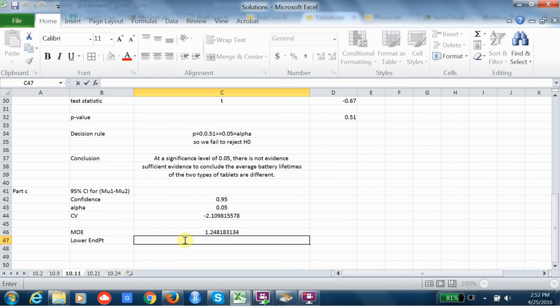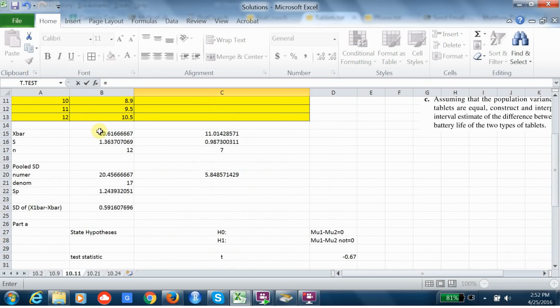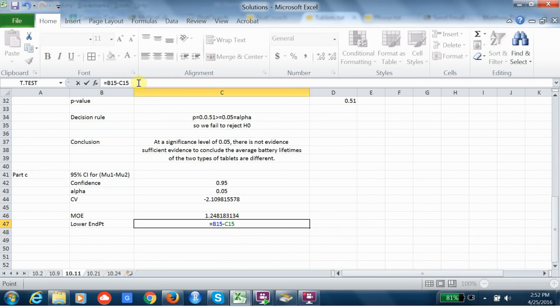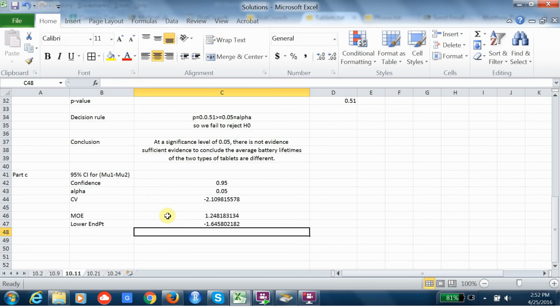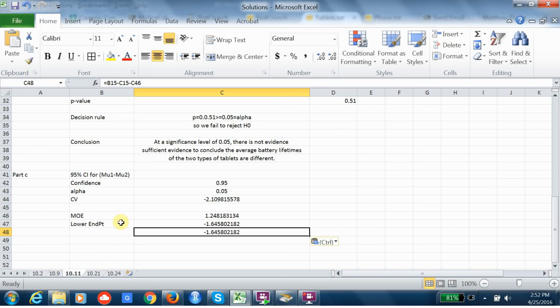Okay, so this will be equal to... and notice that you can still see in the formula bar what's going on. It's always a nice little feature. Minus the margin of error. Okay, and for the upper, I'm just going to cut and paste this, then hit enter, go to the next line, change that negative to a plus.